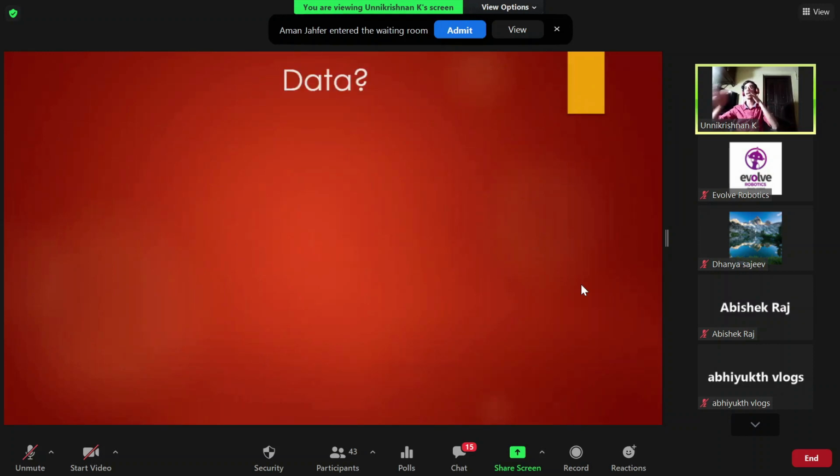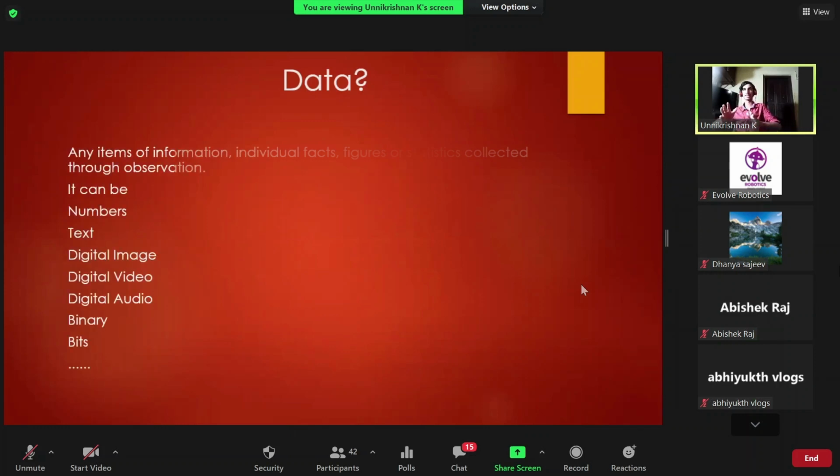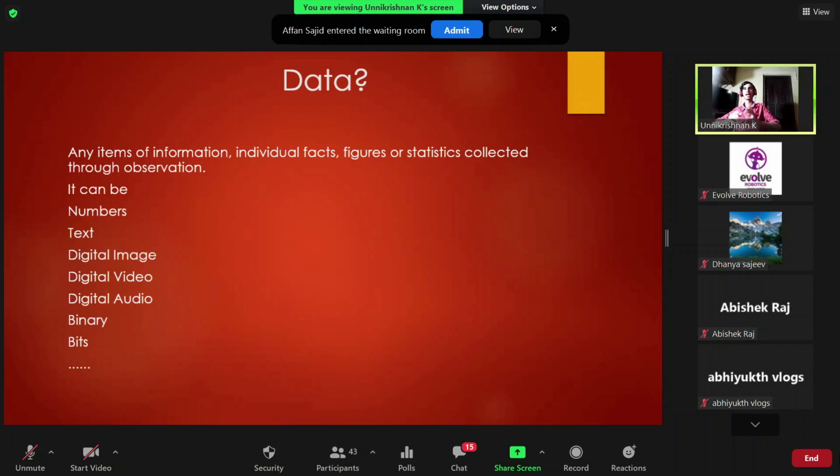So first of all, let's begin with what is actually data. There are many definitions for data, but here we are only looking at a general view, so we can consider data just as information. These data can be of various types; there are different data types and different data structures.